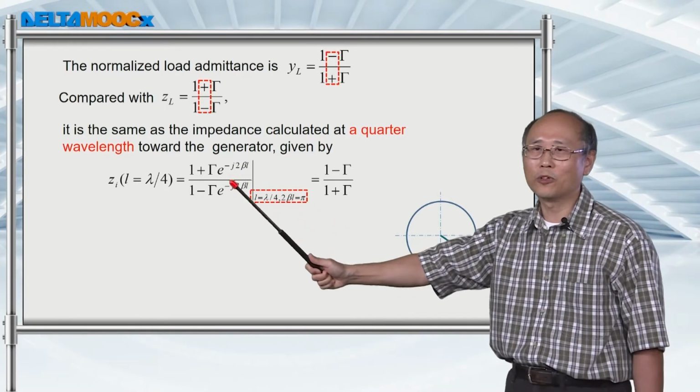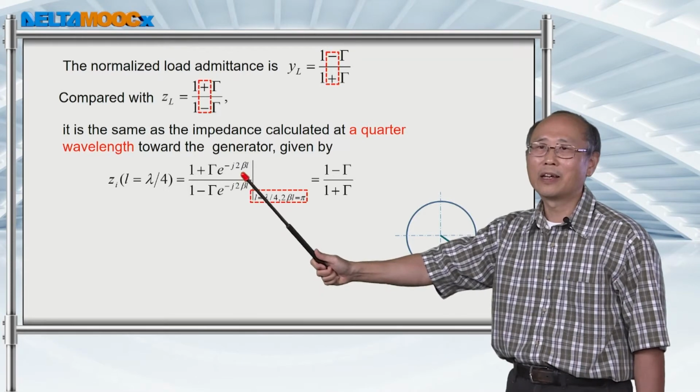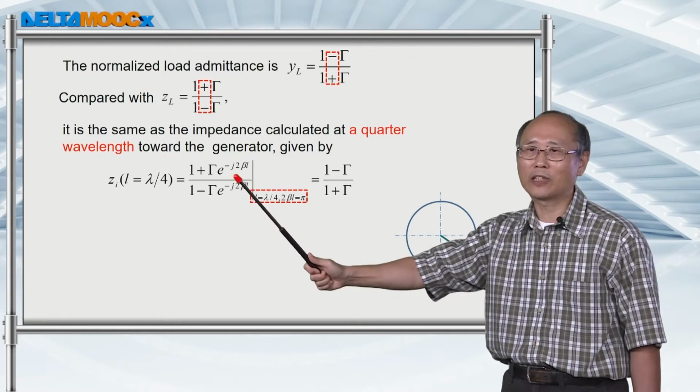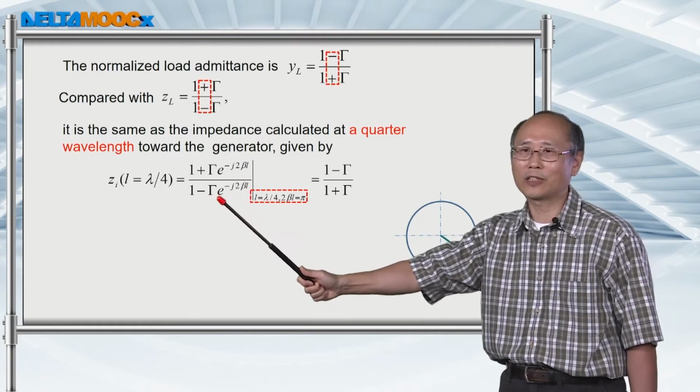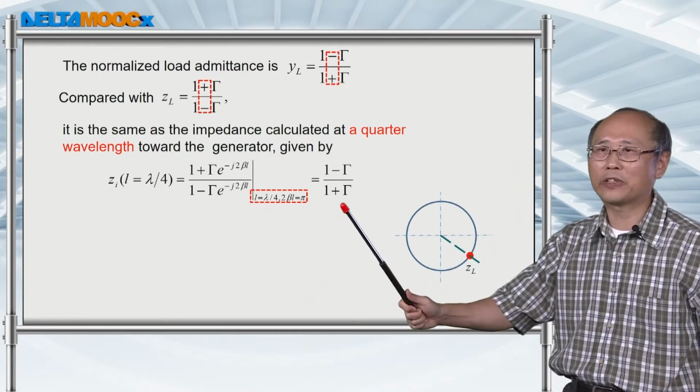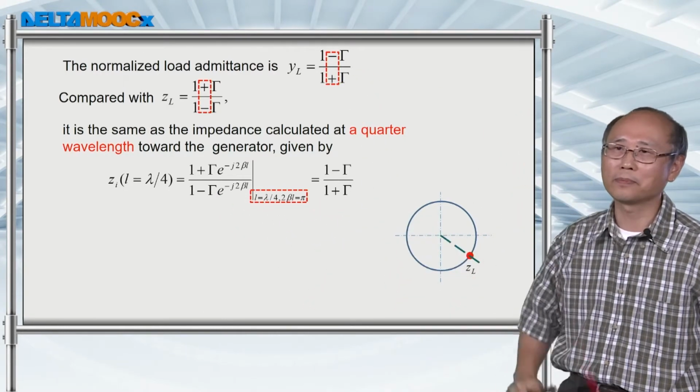If you just move on your transmission line by a quarter wavelength, then you will have this additional phase attached to this gamma value, and then you end up having an expression exactly the same as this one.